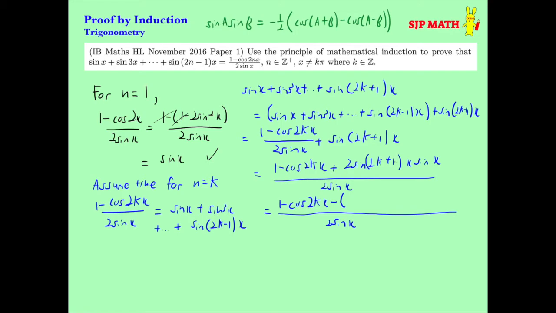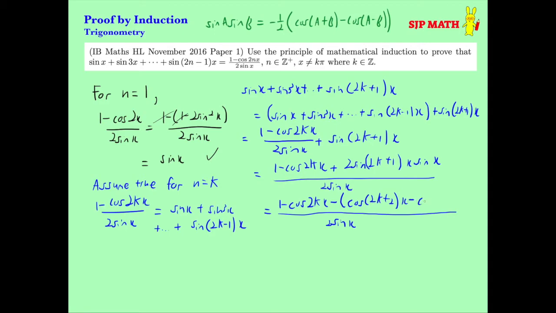A is (2k plus 1)x, and B is x. So cosine of A plus B would be (2k plus 1)x plus x, which is (2k plus 2)x. I just confused myself for a second, sorry.